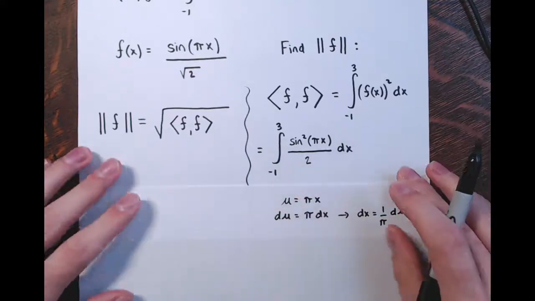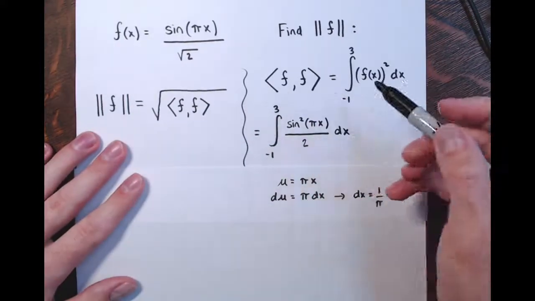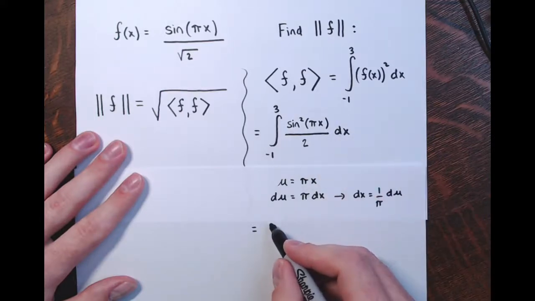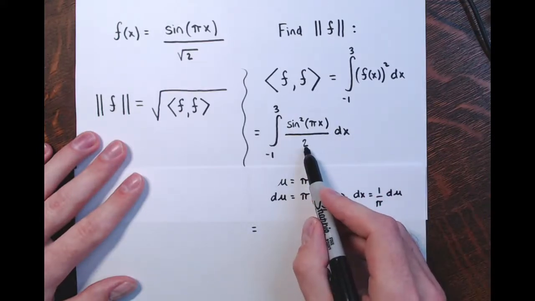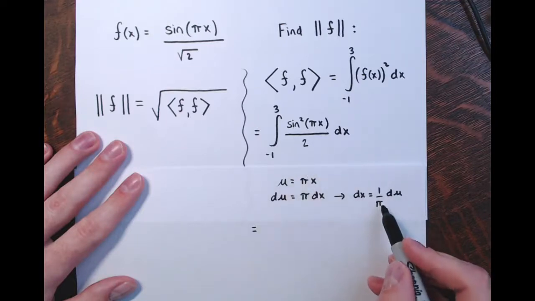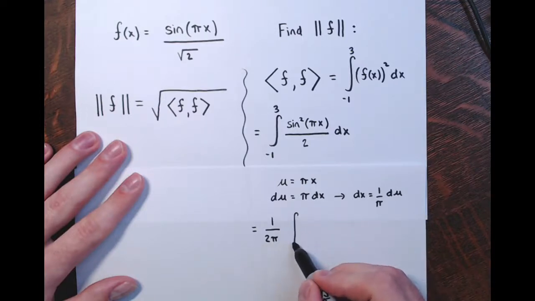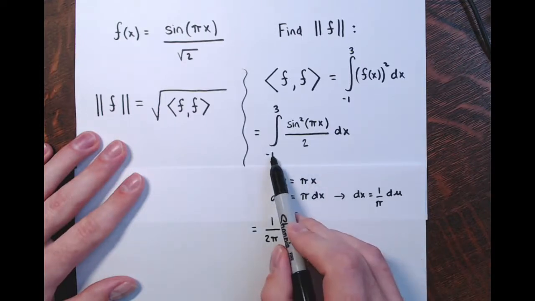And I can make these replacements and also change the limits. So the dx becomes 1 over pi, and I also have a denominator of 2 here. So I'd have 1 over 2 pi. I can pull that out. And then the integral, and I'll change the limits too, right? The lower limit originally was x equals -1.